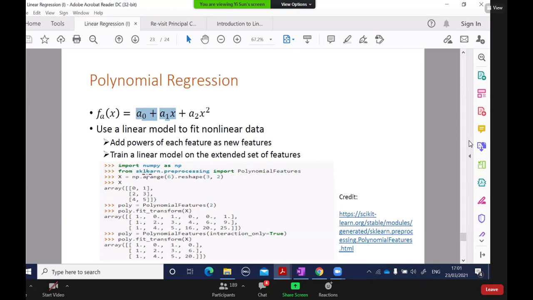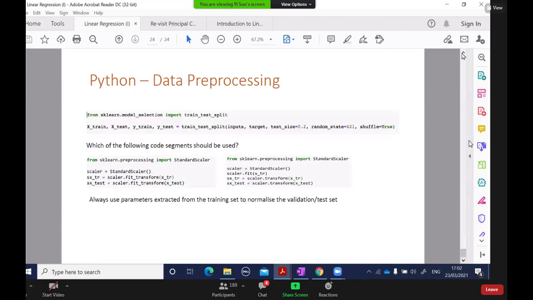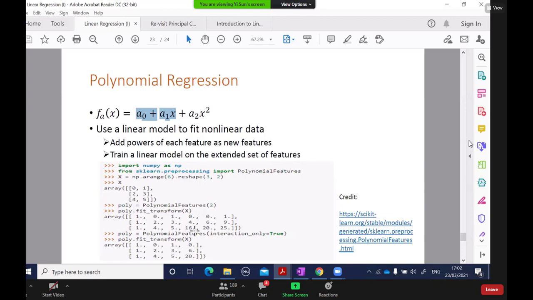The Python function from sklearn you can call is called PolynomialFeatures. Be careful with the capital letter P and the capital letter F here. Now, what does it mean here? When I call it, I have a data matrix with 2 columns, x1 and x2.